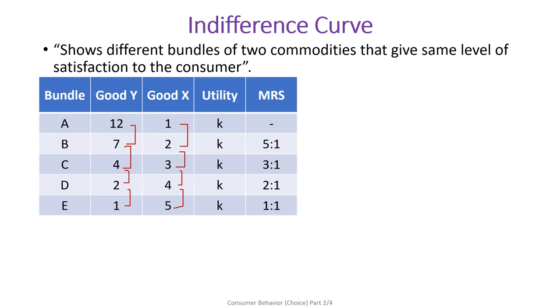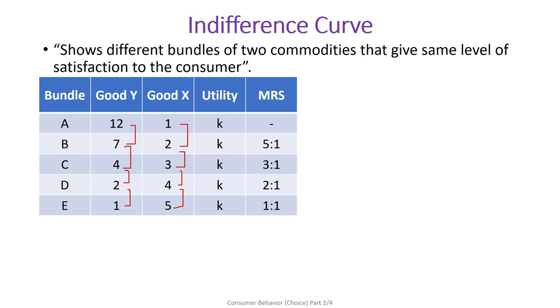In bundle A, the good X is in smaller quantity, so its importance will be higher, and any increase in X will give us too much satisfaction. It will increase our satisfaction by a large amount.